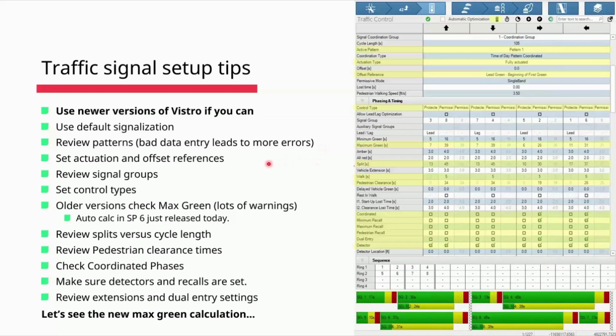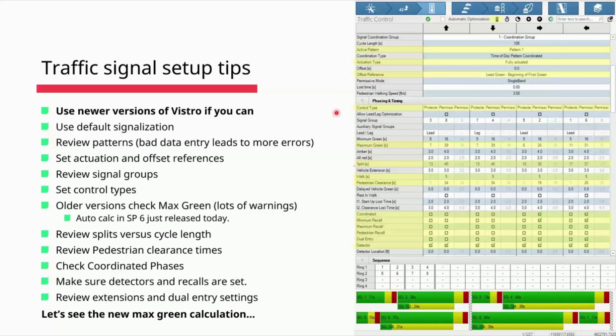All right, so other things are making sure that you have the actuation type set up the way you want it in Vissim. Sometimes people set up a fixed time controller and they're like, why do my detectors not work? Well, you need to make sure that these are set up correctly, especially if you're bringing it into Vissim, as well as offsets, references, and things like that.